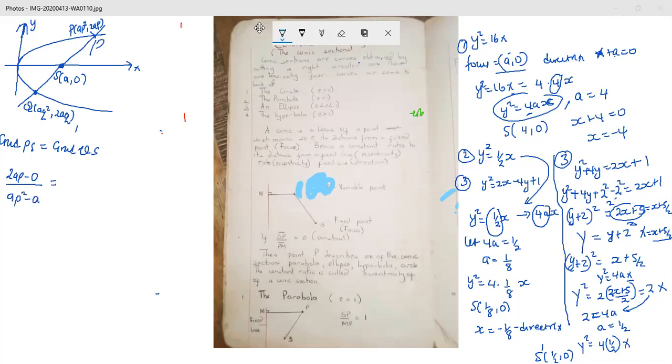It's going to be the same as, I can as well even use the entire equation, that the gradient of PS is equal to the gradient of PQ. So the gradient of PQ is 2ap minus 2aq over ap squared minus aq squared.